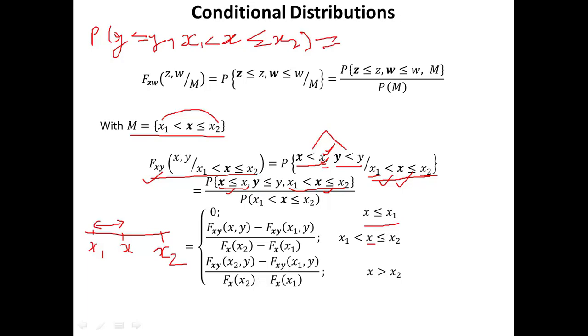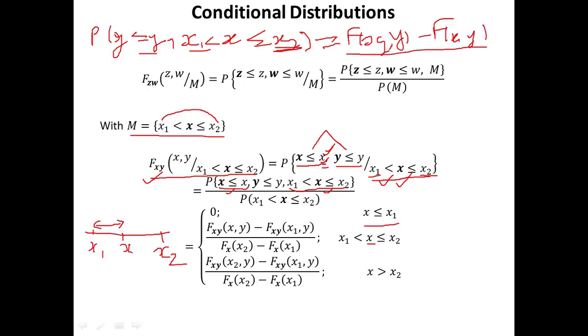This will be equal to F of this higher value x2 with y, minus F of this lower value x1, y.